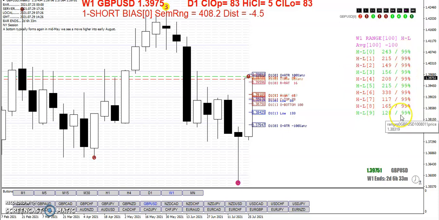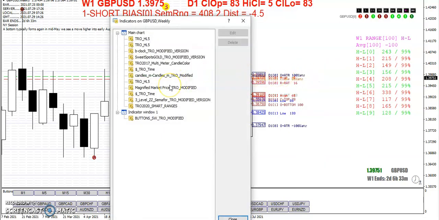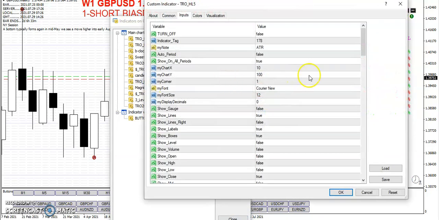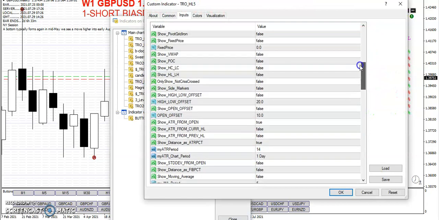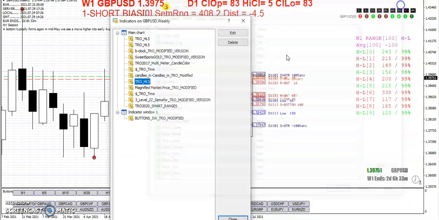why are these all at 99%? I've got something messed up there. Let me see. Oh, I think I know what's going on. No, it's HL5.